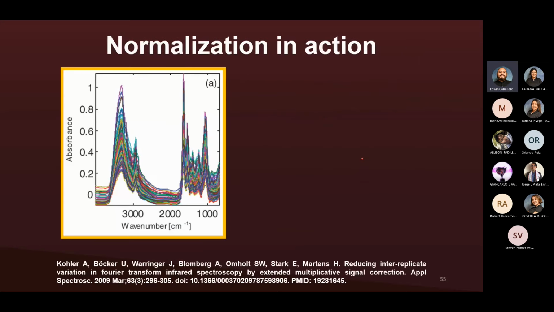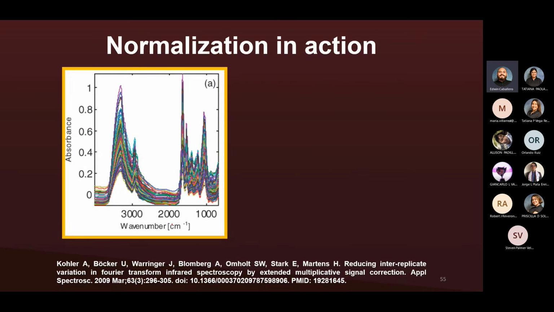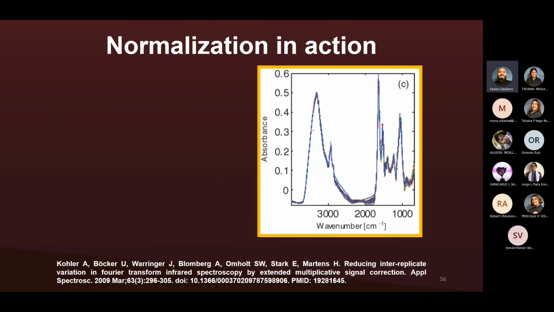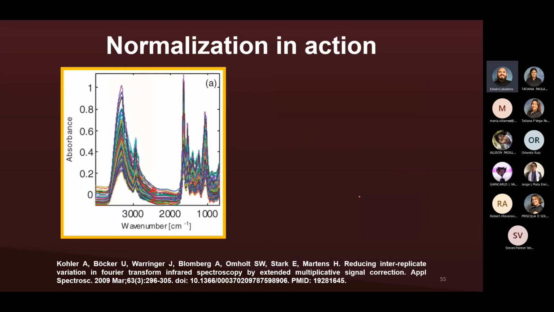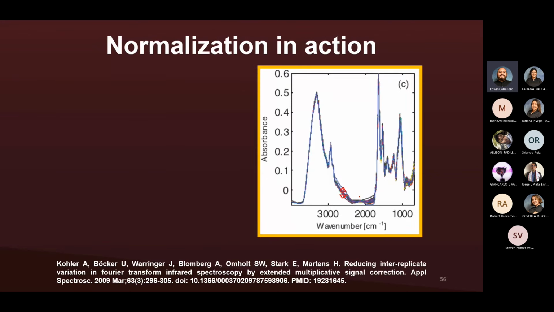Now, here's a normalization in action. Here you have spectra with a lot of scattering. And here is the spectra when you apply the data pre-processing. So as you can see, you have a lot less scattering. And the good thing about normalization is that you still have, in essence, the same spectra.